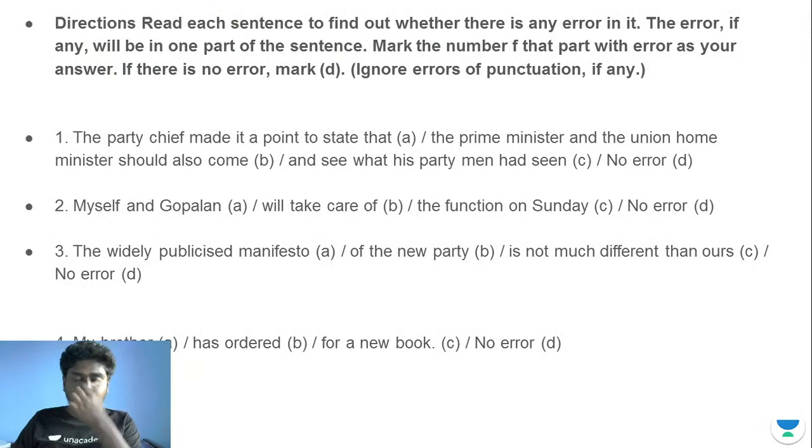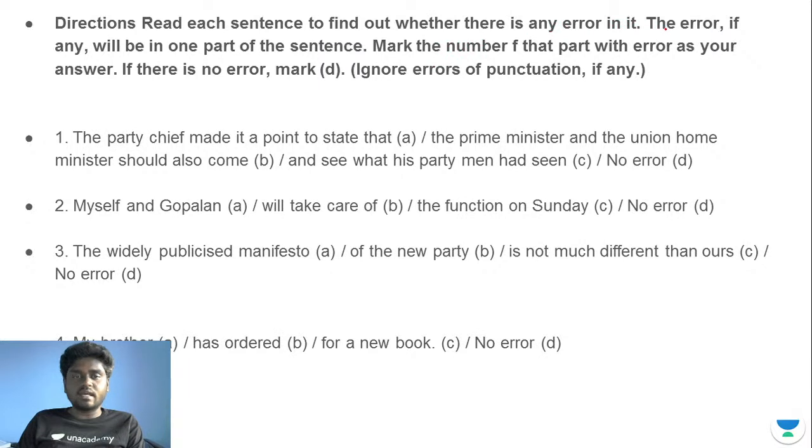So I have questions here. We'll go through the questions one by one, and you need to tell me where the exact error is in each question. Here, in the very first slide, those are the directions: read each sentence and find out whether there is any error in it.